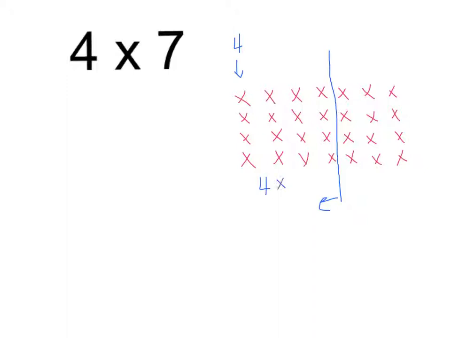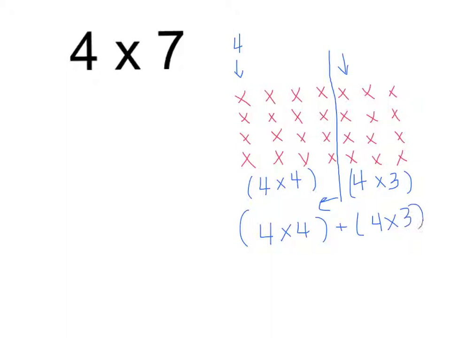So that's 4 times 4. On the right side, I have 4 columns of 3. So that's 4 times 3. And when I add that together, that equals 4 times 7.